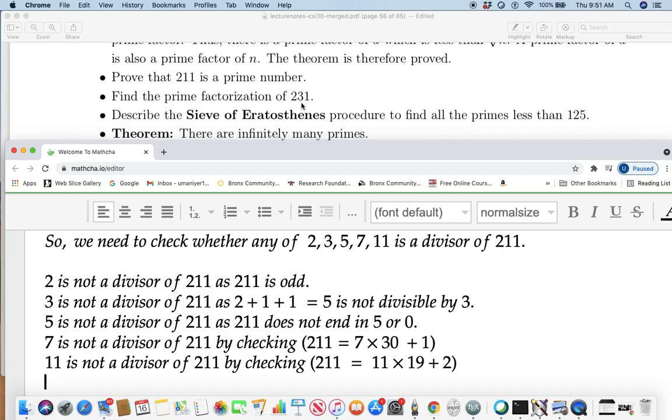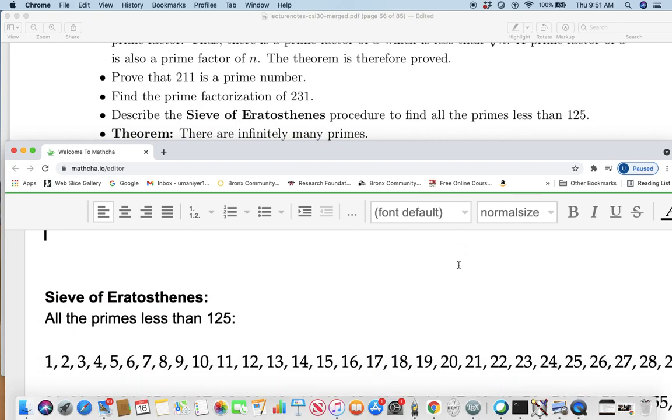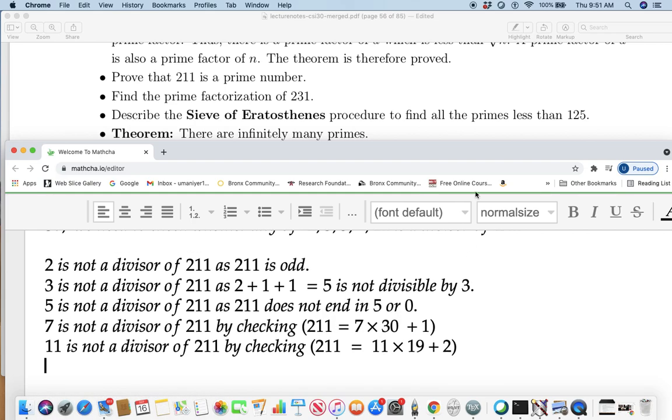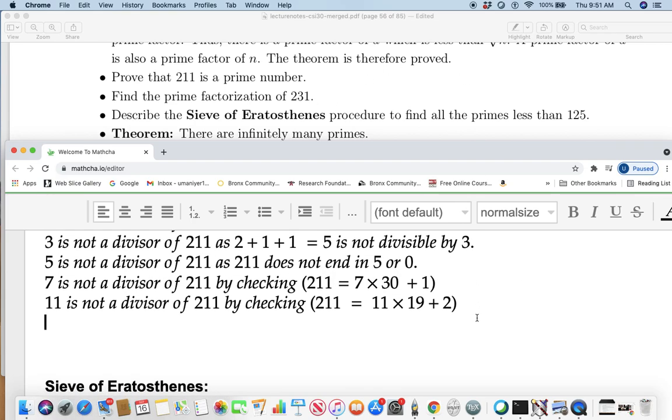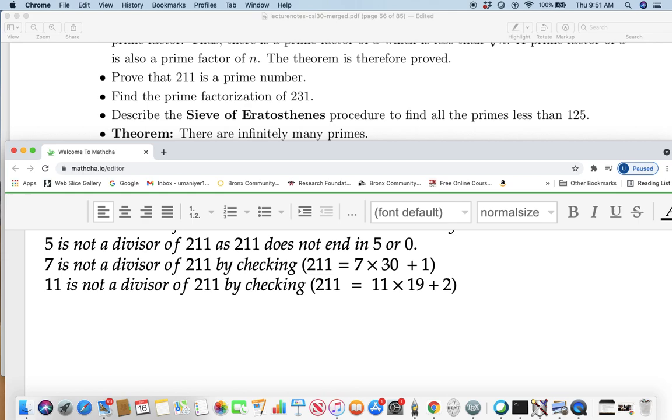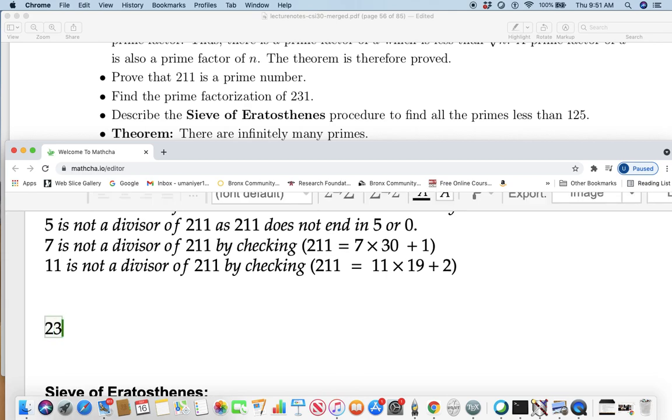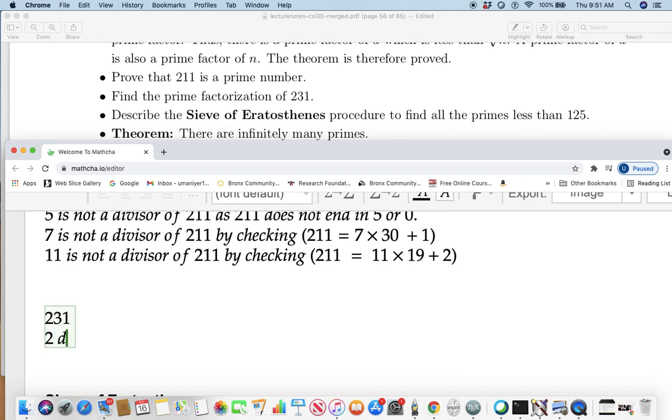Find the prime factorization of 231. Well, what about 231? Let's work with this. 231. 2 does not divide it, because this is odd. Does 3 divide it? 2 plus 3 is 5, plus 1, 6. 6 is divisible by 3.